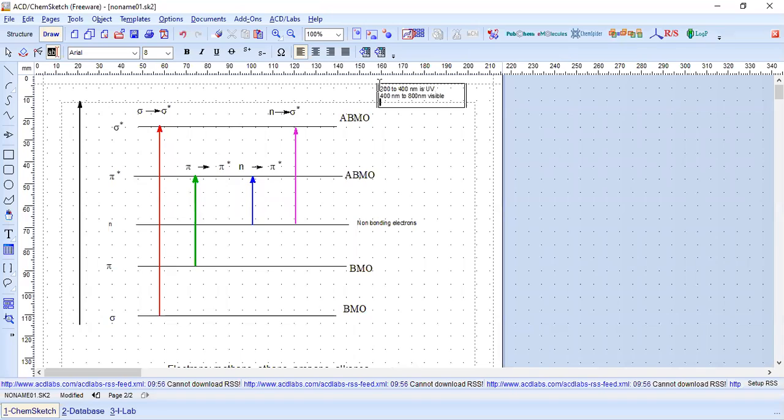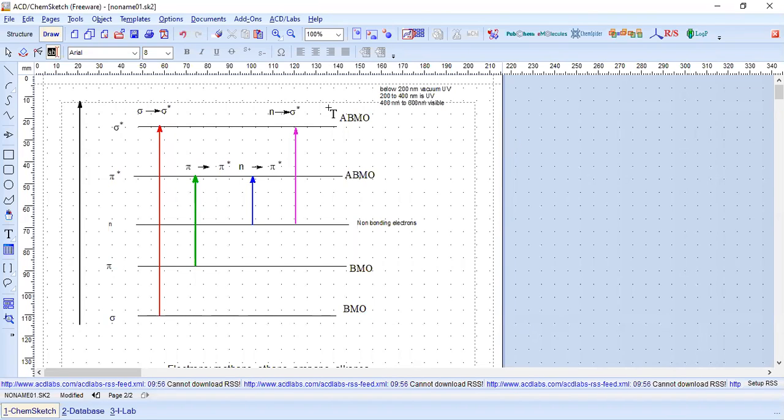Now below 200, we will be naming it as vacuum UV, below 200 nanometer. And UV visible spectroscopy is an electronic spectroscopy. Both are same.